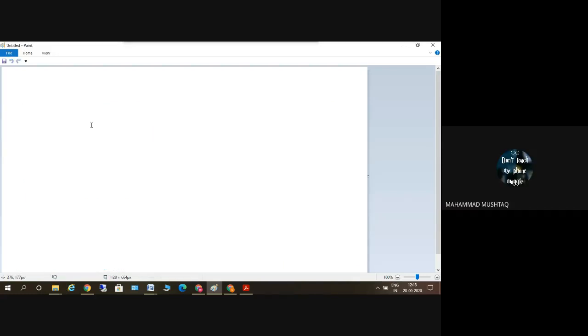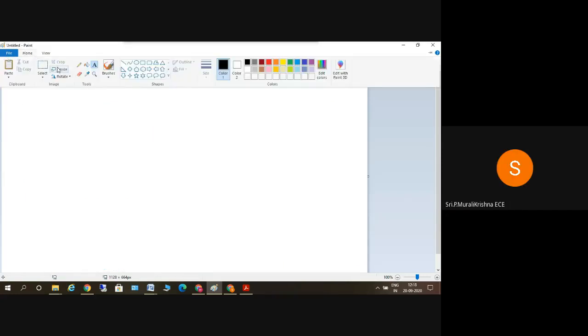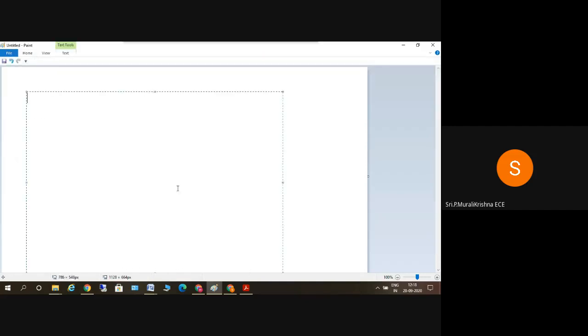Okay, and we'll start with the AND gate, which is a very simple one. So for the AND gate, F is equal to XY. The truth table is: 0 0, output is 0; 0 1, output is 0; 1 0, the output is 0; 1 1, the output is equal to 1.